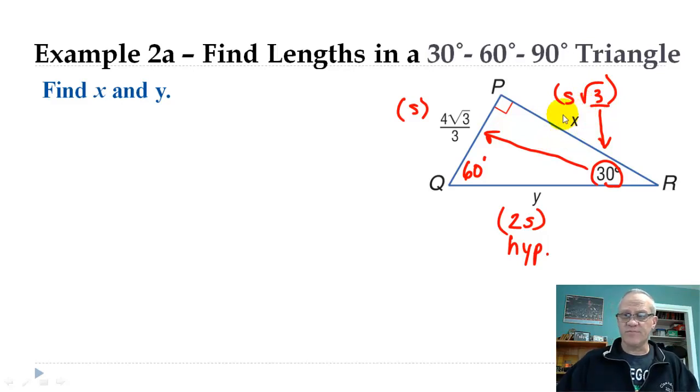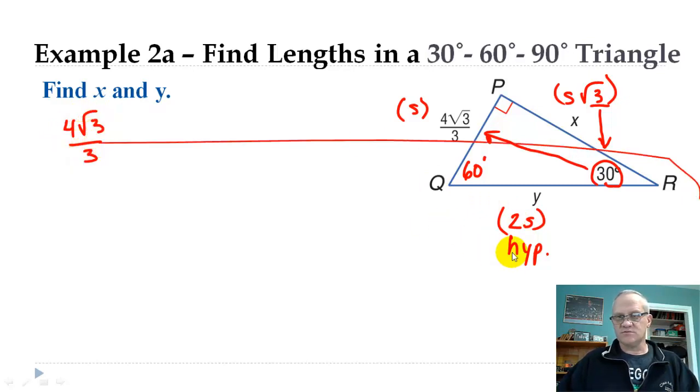Anyway, let's solve the problem. So now we know which ones go where. Let's start with the 2s. If we're starting from S, 2S is the hypotenuse. So starting from 4 square root of 3 over 3, I just go times 2, because S to 2S is times 2.